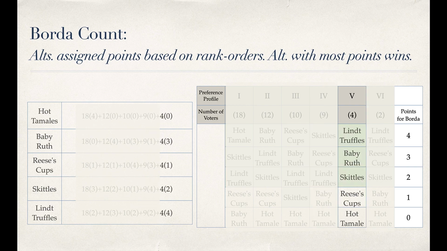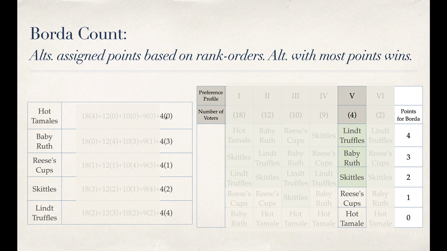2 more groups. Group number 4 here. These 4 people give Lindt Truffles a 4 right here. They give Baby Ruth a 3 right here. They give Skittles a 2. Those four voters giving Skittles a 2 is right here. The 4 voters give Reese's Cups a 1 right here, and they give Hot Tamales a 0.